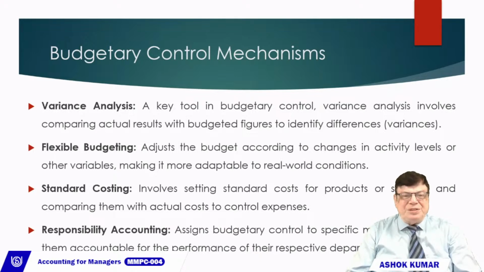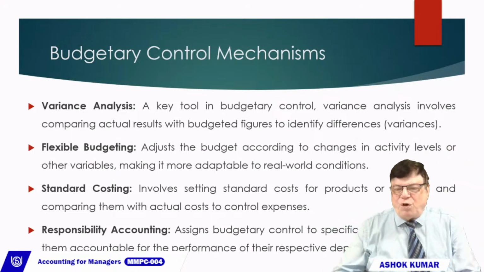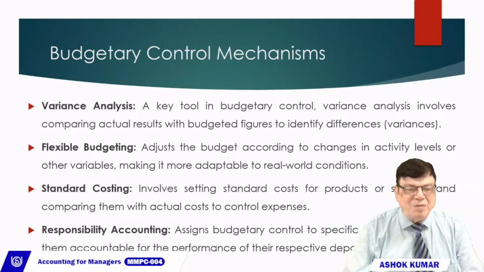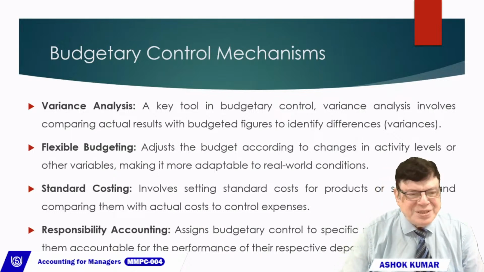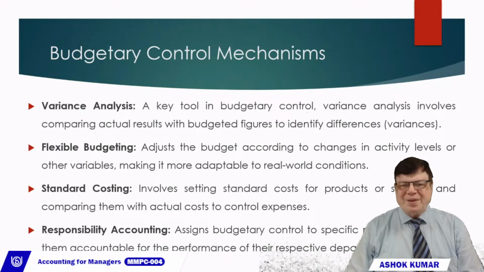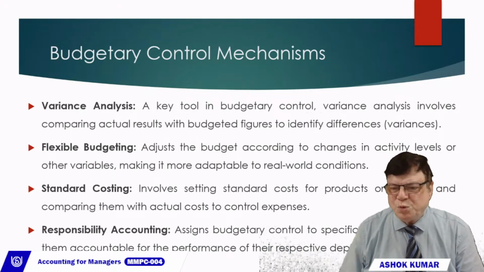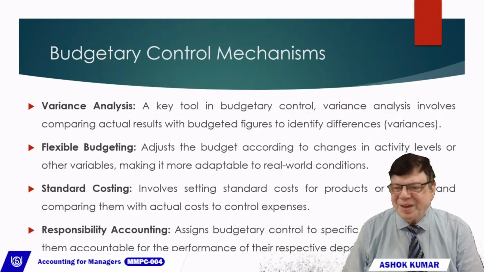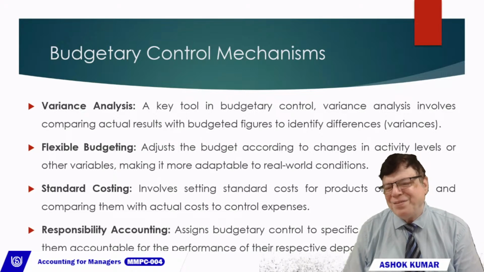Then standard costing involves setting standard costs for products or services and comparing them with actual costs to control expenses. Then next is responsibility accounting, which assigns budgetary control to specific managers, holding them accountable for the performance of their respective departments.